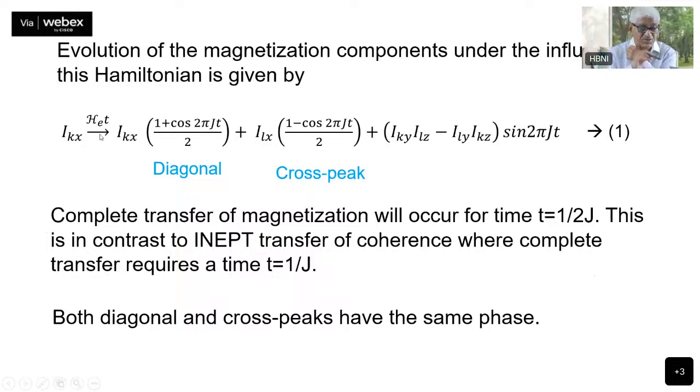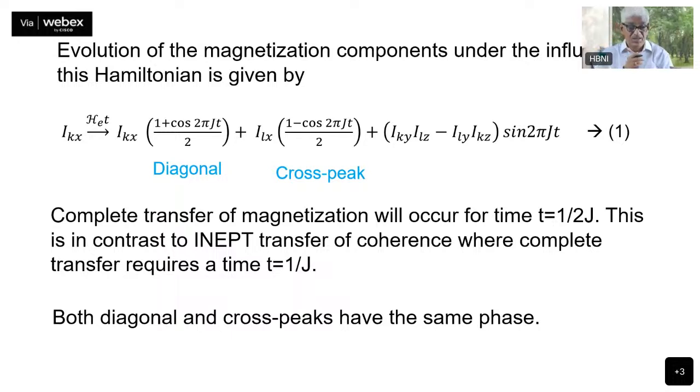IKX under the influence of the Hamiltonian HE for the period t gives you IKX (1 plus cosine 2 pi J t)/2 plus ILX (1 minus cosine 2 pi J t)/2 plus (IKY ILZ minus ILY IKZ) sine 2 pi J t.